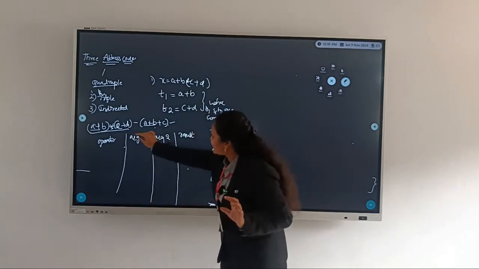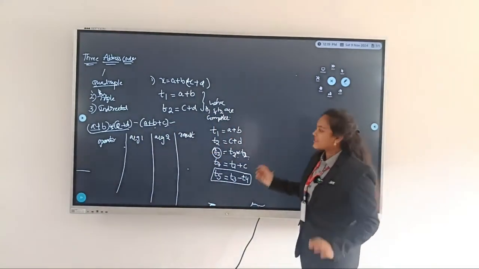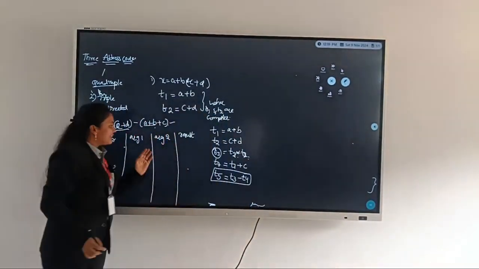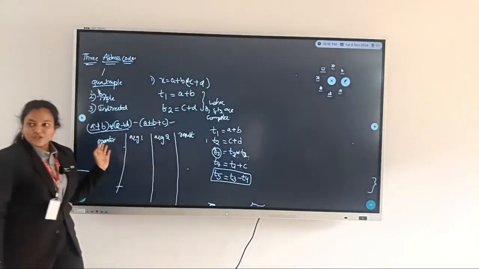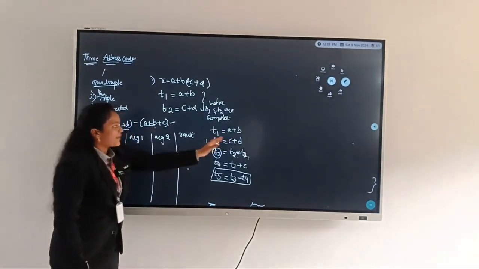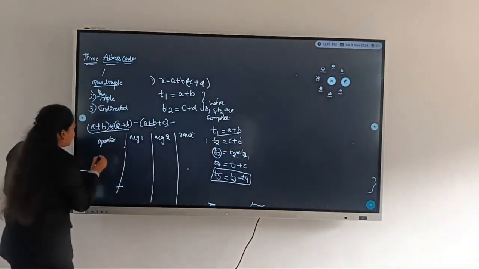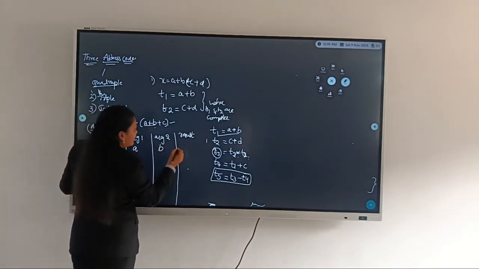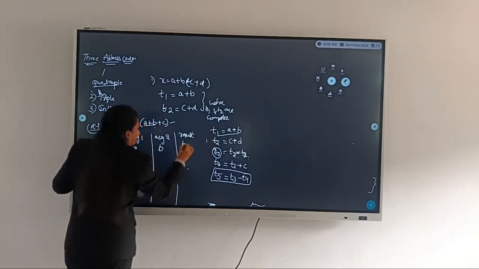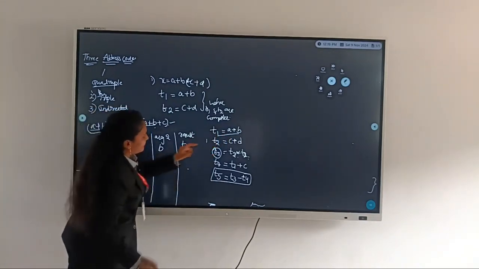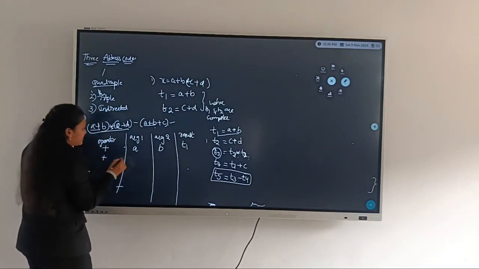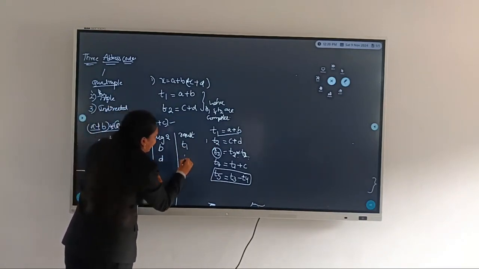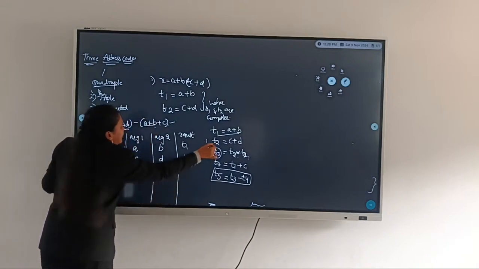I convert this expression into several temporary blocks for the convenience of the compiler, which converts the temporary blocks into a symbol table. Coming to the first one, plus is the operator, argument 1 will be A, argument 2 will be B, and the result will be T1. Coming to the second one, operator plus, arguments C and D, and its result will be T2.